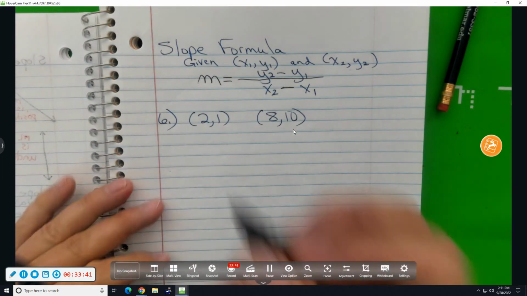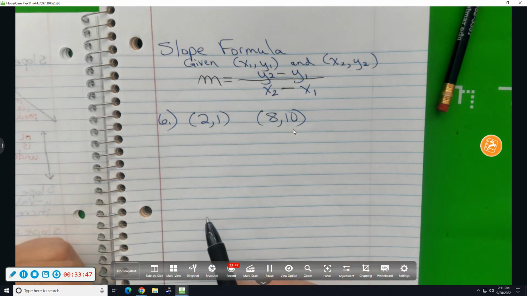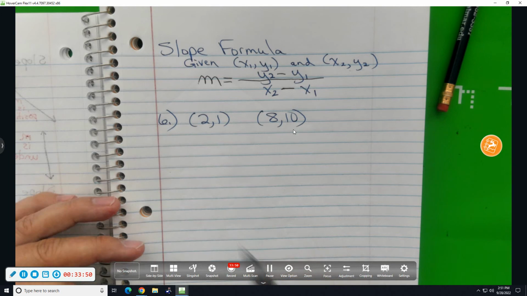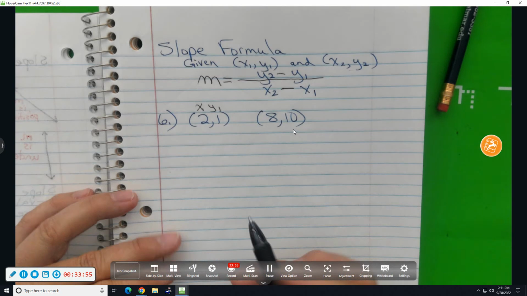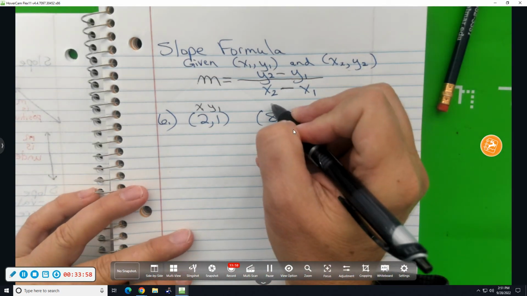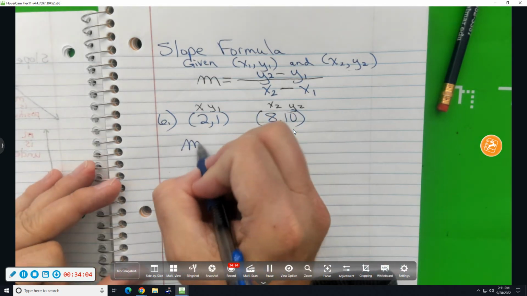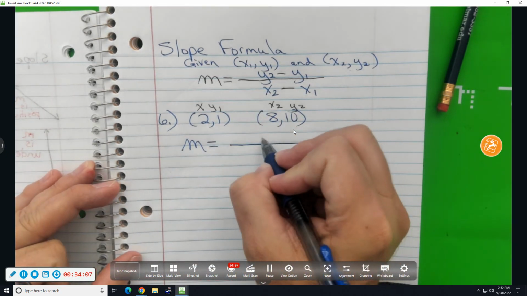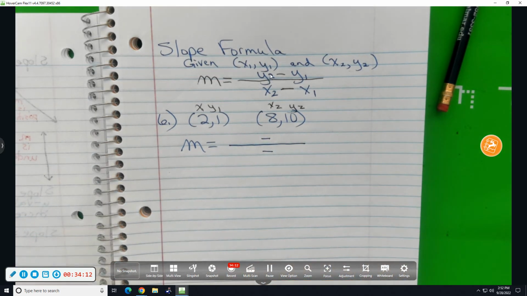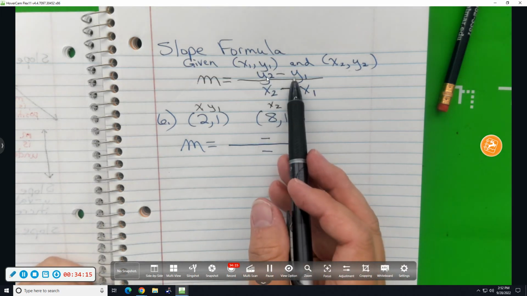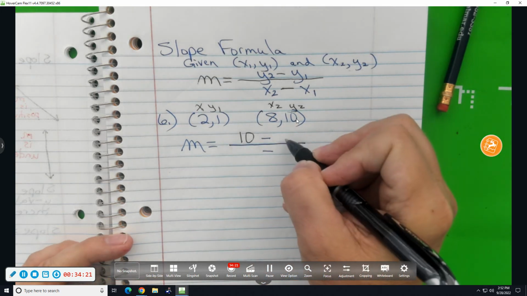Yeah. Okay. Just like with the distance formula and the midpoint formula the last time, I label my X1, Y1, X2, Y2. So the first point I write down, I think of as X1, Y1, and the second ordered pair I write down, I think of as X2, Y2. So here we go. M equals, we have a minus and a minus. Y2 minus Y1, so 10 minus, what's going to go here?